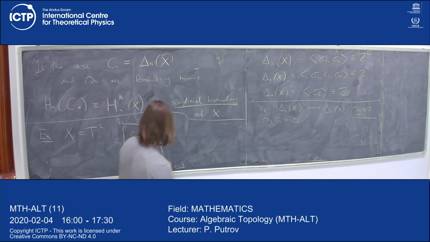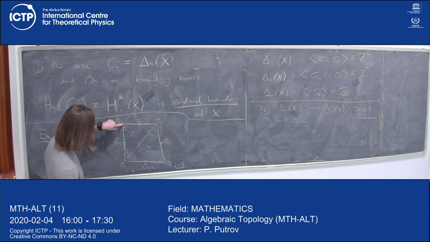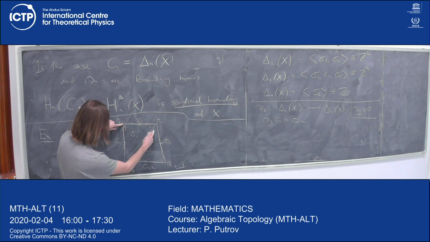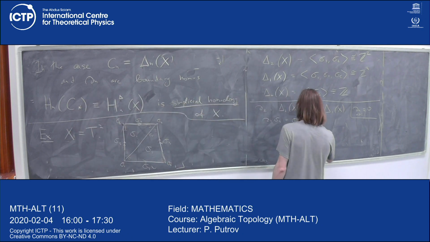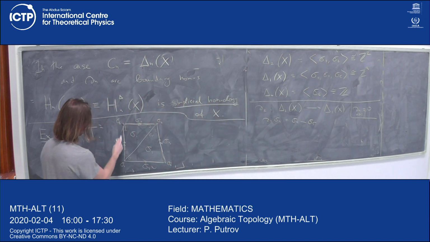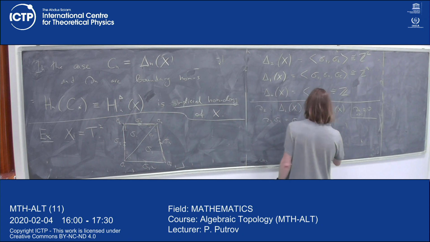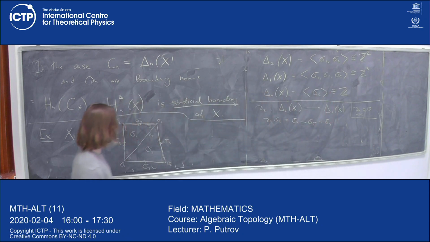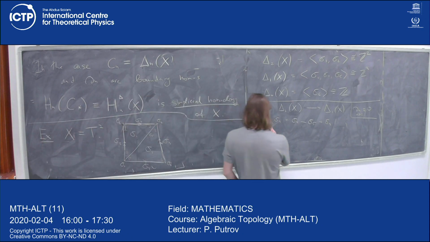Then I remove this vertex, I get minus, I should take minus sigma 5. And if I remove the last vertex, I get plus sigma 3, just using the general definition from before.